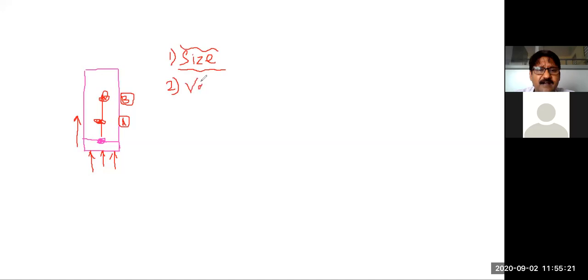It is a physical separation or physical adsorption where van der Waals force plays a very important role. Van der Waals force means a temporary attraction or affinity towards the particular adsorbent, and after the process you can regenerate this adsorbent and use it. Then number 3 is based on polarity.